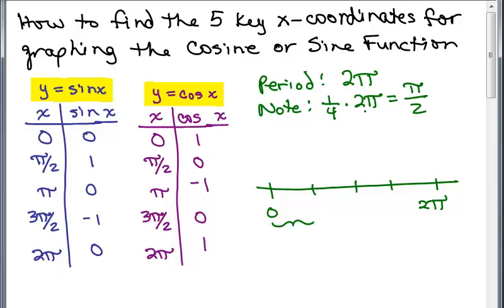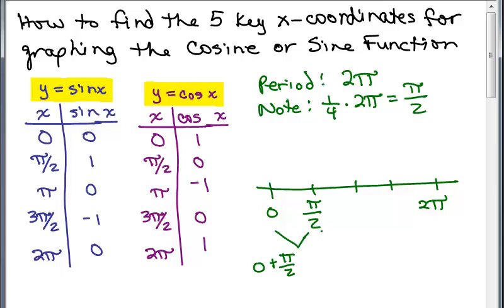So 1/4 of the period tells us the space between the first x-coordinate and the second x-coordinate of our key points. So we have 0, we're just going to add pi over 2 to 0, and that is why the second x-coordinate is pi over 2. In other words, I just added pi over 2 to 0. That's how I got it.